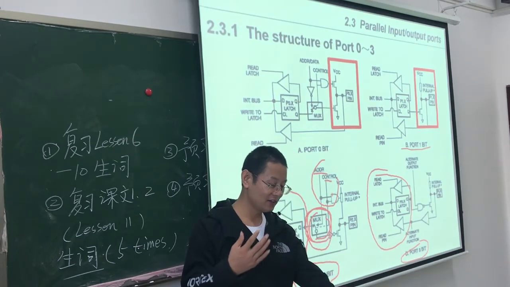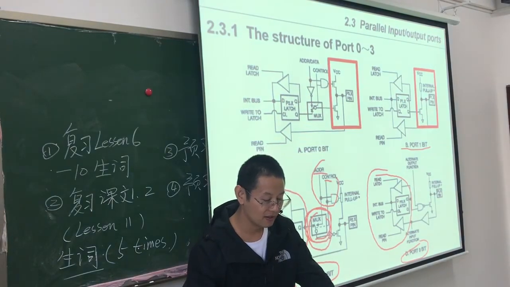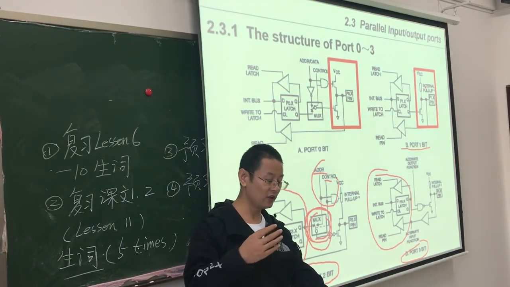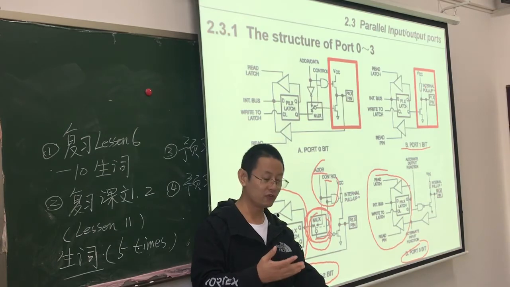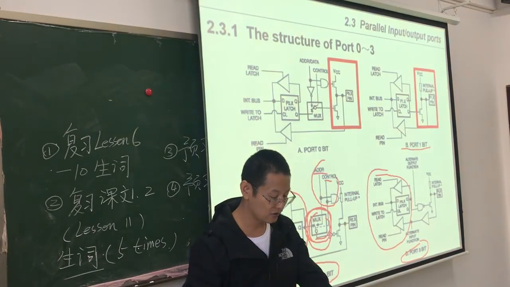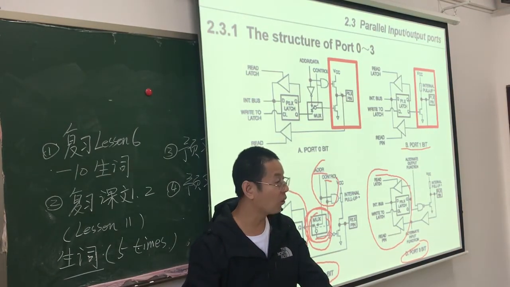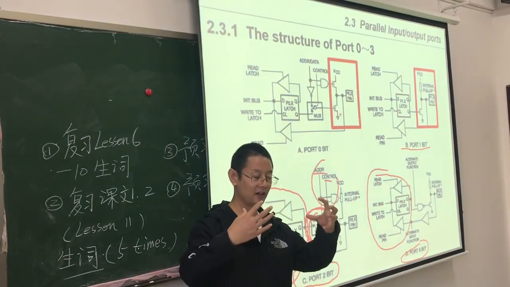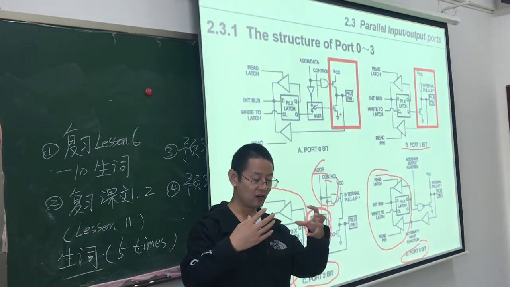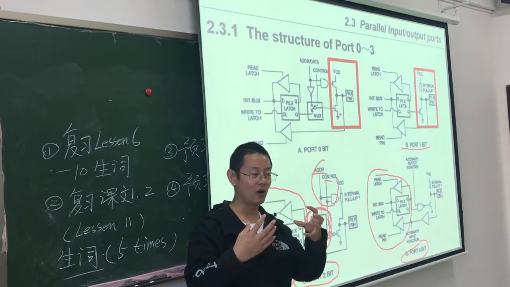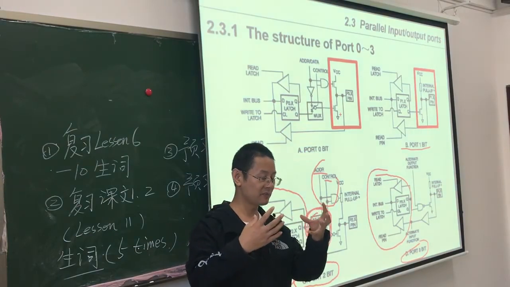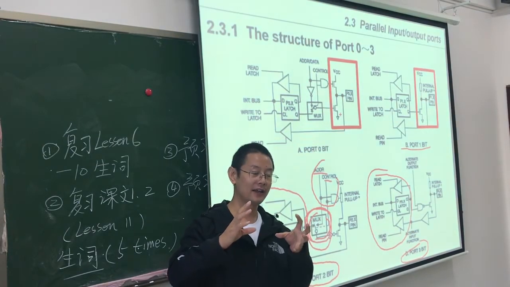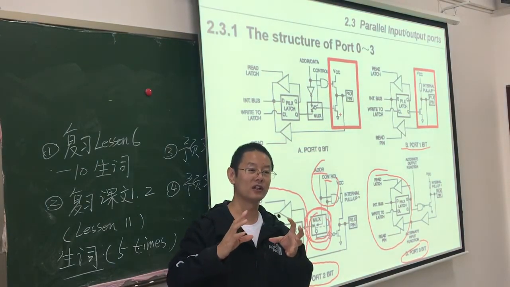I emphasize the resistor because when we use the port, if there is no resistor in the internal part of the port, we often add a resistor in the outer circuit.